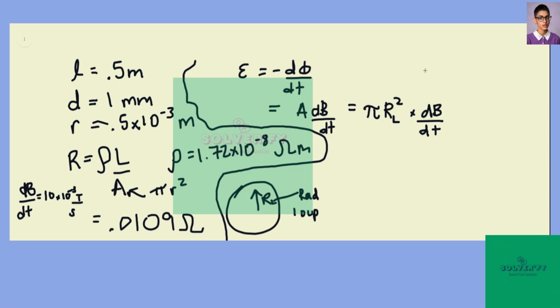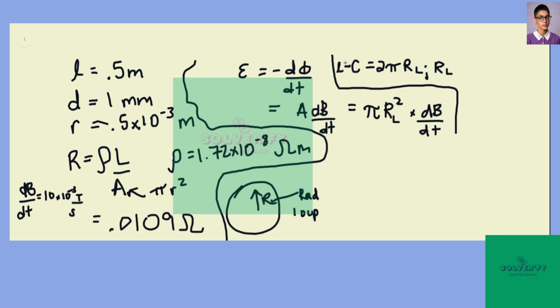So another little side calculation. We know the circumference of the loop is the 50 centimeters, right? So the circumference is 2 pi r of the loop, and the circumference is the length.